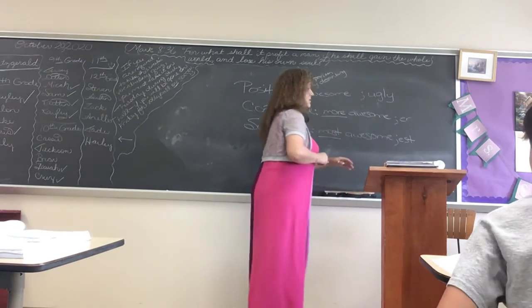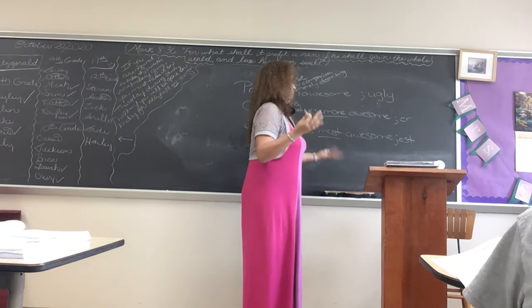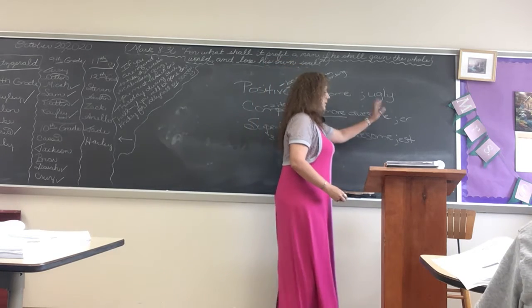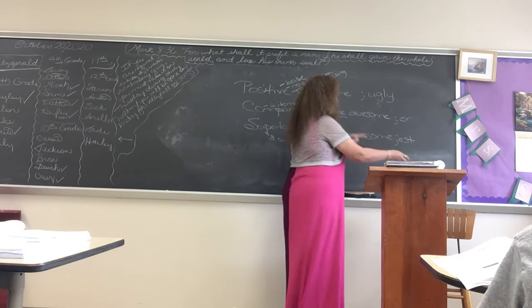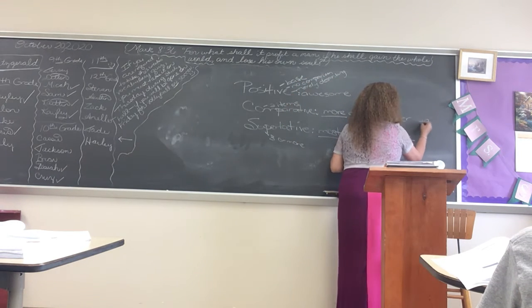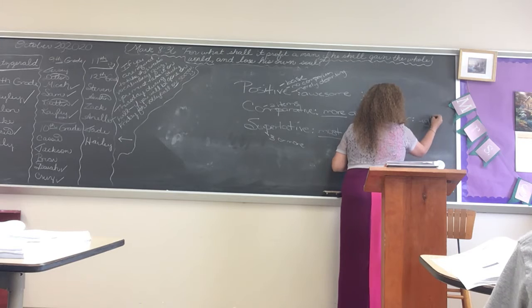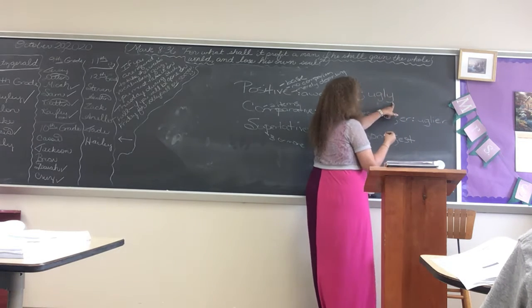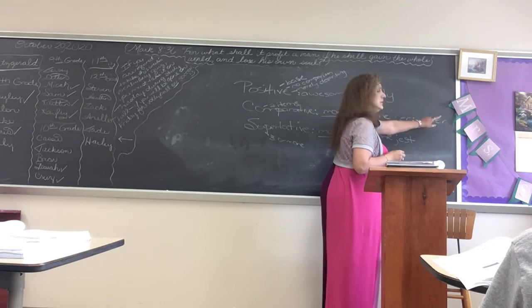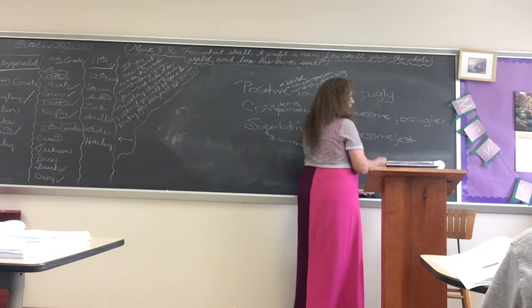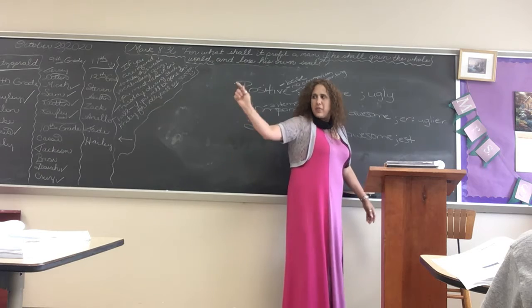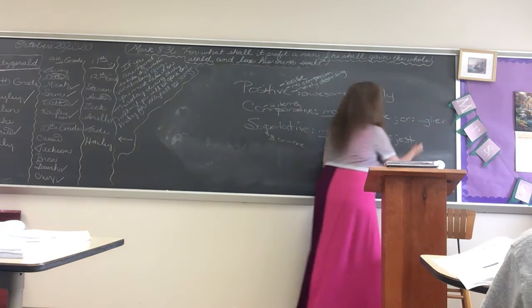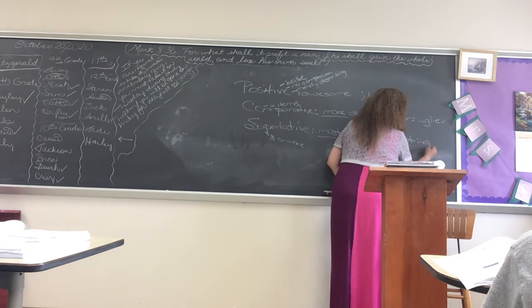Okay? This chair is ugly. This chair is blank compared to that chair. Uglier. Change the Y to I, and add ER. Okay? Of all the desks in the room, we'll just pretend that one's different. That one is the ugliest of them all.